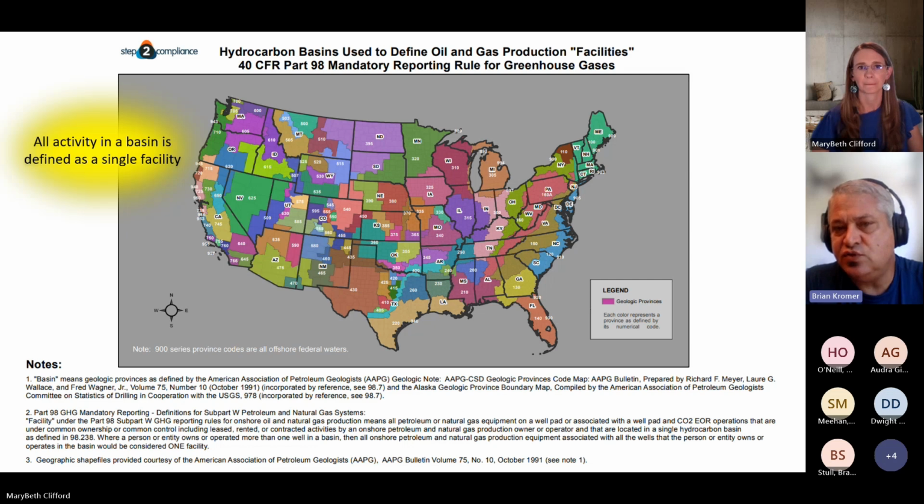So it's really aggregating all of your activity in a general basin, and that's counted as one facility for the purposes of Subpart W. It doesn't mean you only have one facility. You still have to aggregate all of that data from each facility to see if it collectively hits that 893 threshold, but you're reporting your activity basically as a single facility in a given basin.